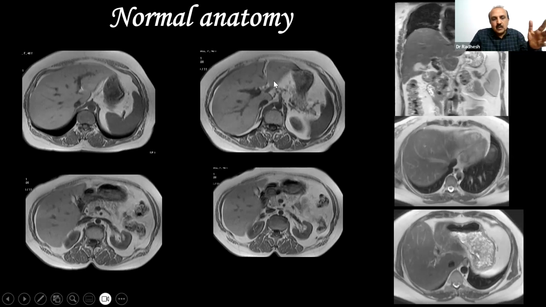Now if you want to do an extended hepatectomy, where you also take off the segment 4, you look at segment 2 and 3, and you can calculate the volume of 2 and 3, what we call the future liver remnant, FLR. You can calculate the FLR both on MR and CT, but I personally feel it is better we do that on a CT because it will be more accurate.